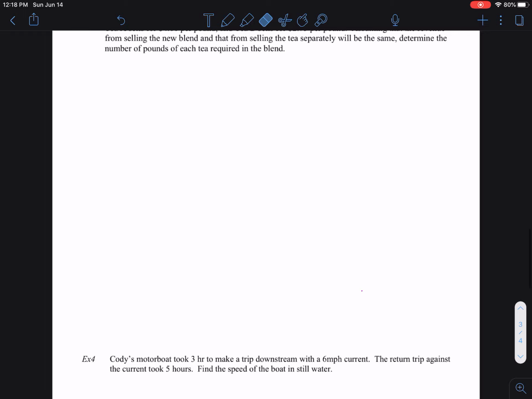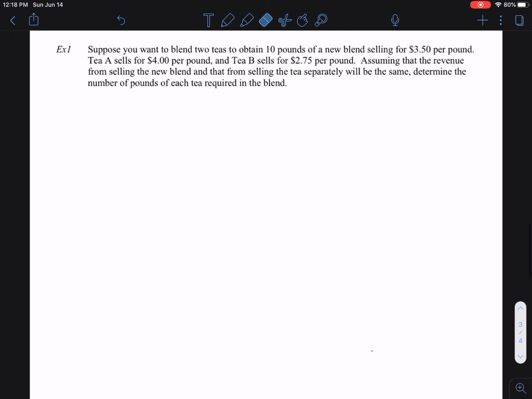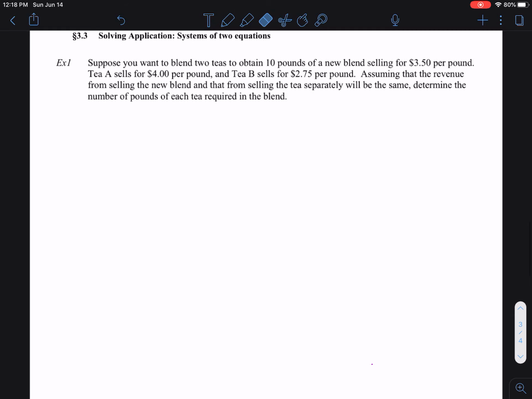So I only have two examples I want to go over in this video. The first example, let's go ahead and read that. Suppose you want to blend two teas to obtain 10 pounds of new blended tea, which sells for $3.50 per pound. Now TA sells for $4 per pound, and TB sells for $2.75 per pound.